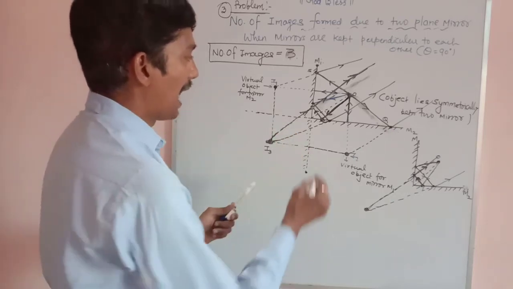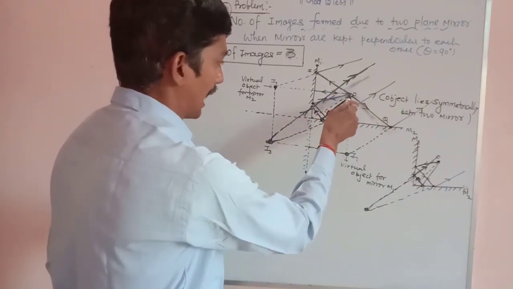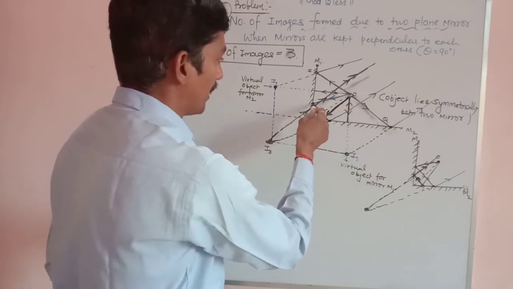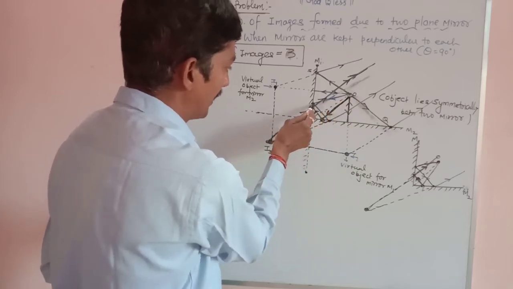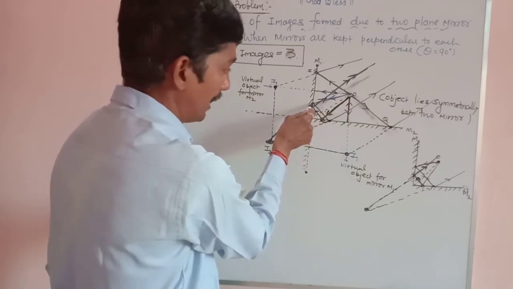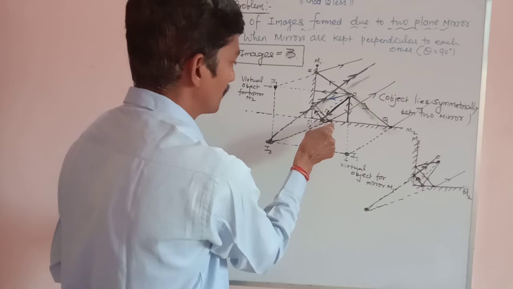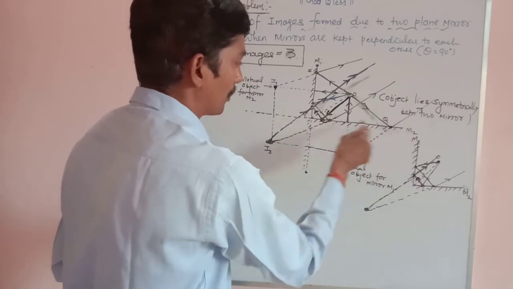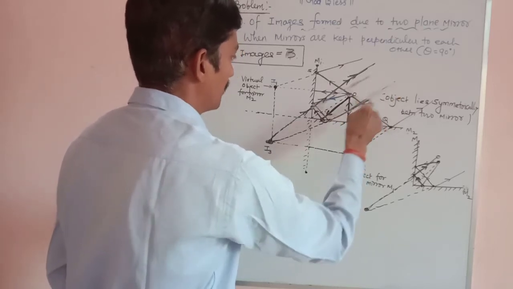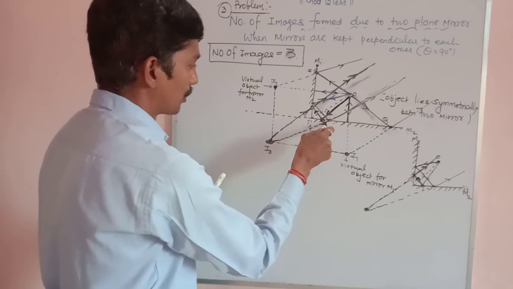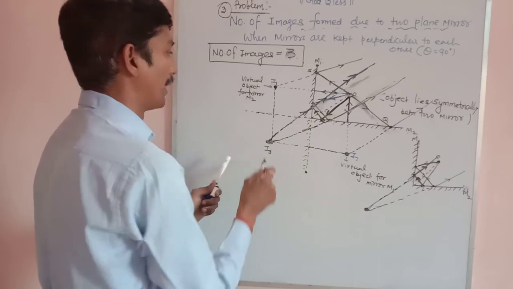Similarly, I have taken another ray from point object O, incident on the mirror M1, you can see with the blue pen. It will be incident here at mirror M1, from there it will be reflected here, it will go here, that is it will be incident on mirror M2, from M2 it will be reflected as you can see in my diagram, and then this also produces inside the mirror, and both these rays are meeting at the point I3.